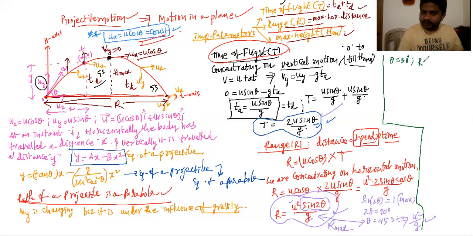Range is equal to u square sine 2 theta by g, and sine 60 is root 3 by 2. So the range is u square into root 3 by 2g. Now this is theta 1.